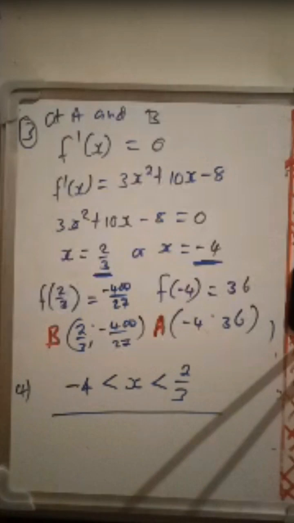Okay, right? Now we go to number 5. Number 5 says calculate the x coordinate of the point of inflection. That is simple.